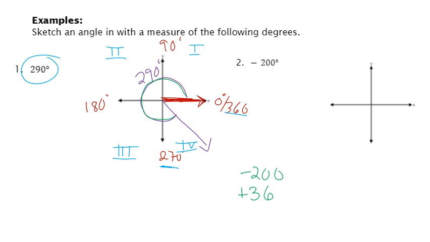So if I add 360 degrees, I get 160 degrees. So really, I'm going to be sketching a 160 degree angle. Anytime you have a negative, you're going to add 360 until you get something that is between 0 and 360. Again, I'm going to have my initial side. 160 is in quadrant 2, so it's between 90 and 180.